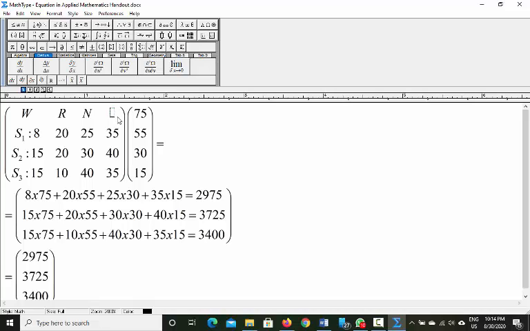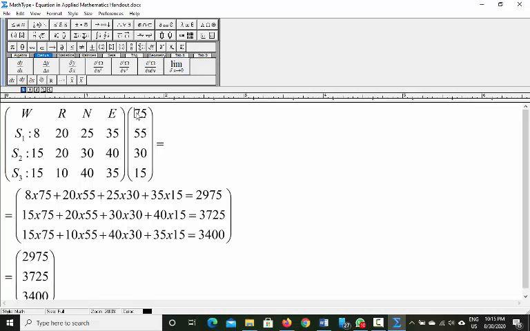The fourth, sorry, not sales price, this is the quantities they are selling. The first column represents quantities of watches they are selling per month, the second column rings, the third column necklaces, and the fourth column sets of earrings per month.